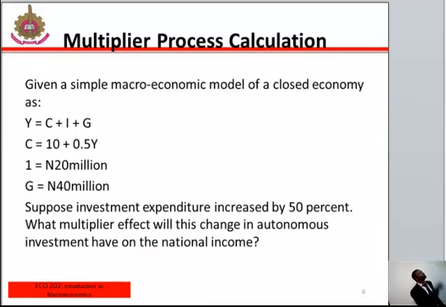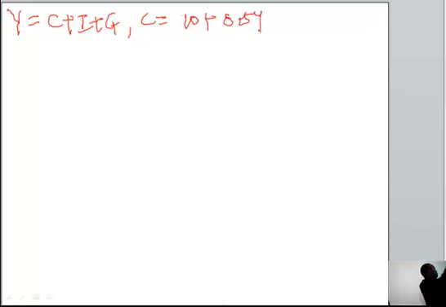If you look at this multiplier process calculation, it's very simple. What we need to do is look at the investment expenditure when it is increased by 50%. Since Y is equal to C plus I plus G, we have C equals 10 plus 0.5Y, I equals 20, and G is 40 million naira.